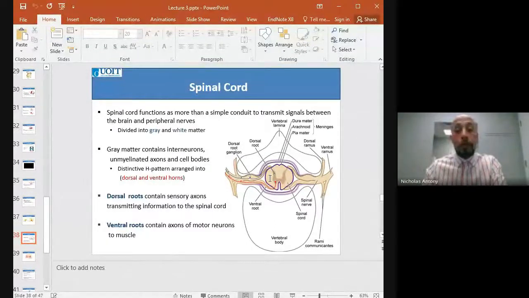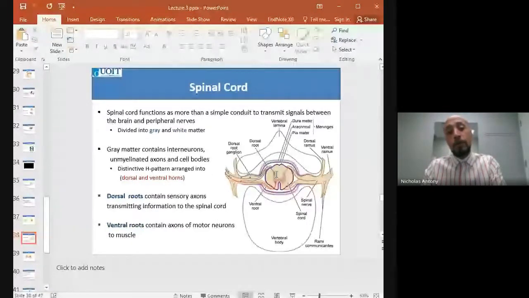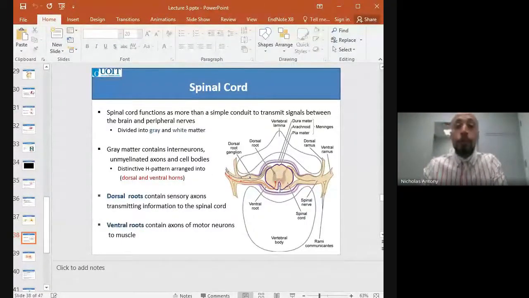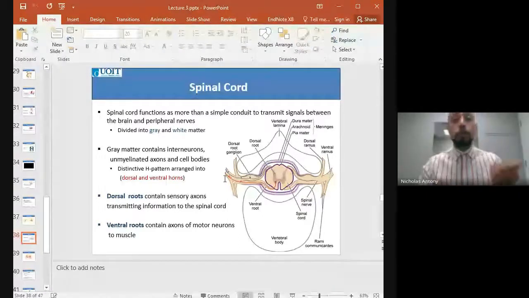This is a cross-section of the spinal cord. All the sensory information comes in through the back, so this would be all of our pseudo-unipolar neurons. There's a dorsal ganglion. Here, the efferent or ventral root is our motor information exiting. This would be the lower motor neuron, connecting out to whichever muscle fibers are associated with that motor unit.